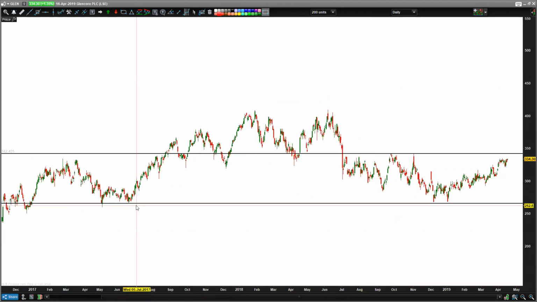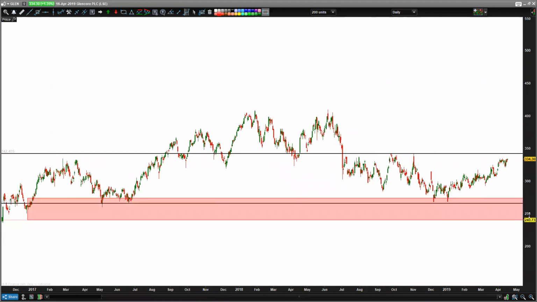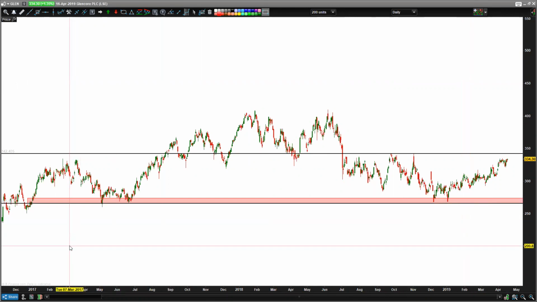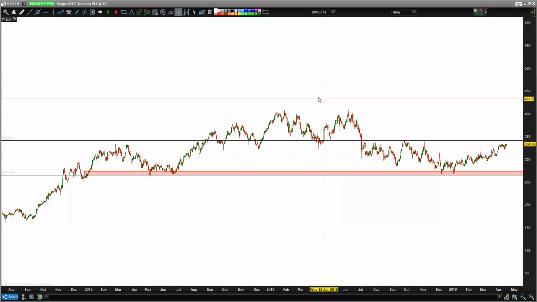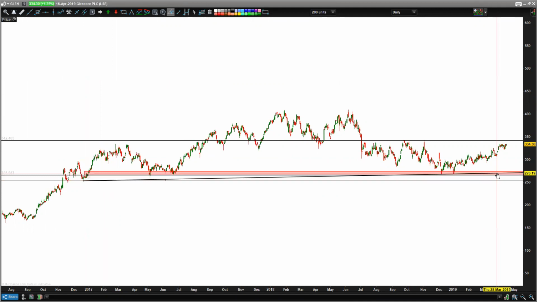However, there was a lot of history down here, and I thought it was worth buying this. These guys mine cobalt and other materials for electric car batteries. So as we are seeing such a huge swing in demand for electric cars, it stood to reason that we might see a decent move in this stock.